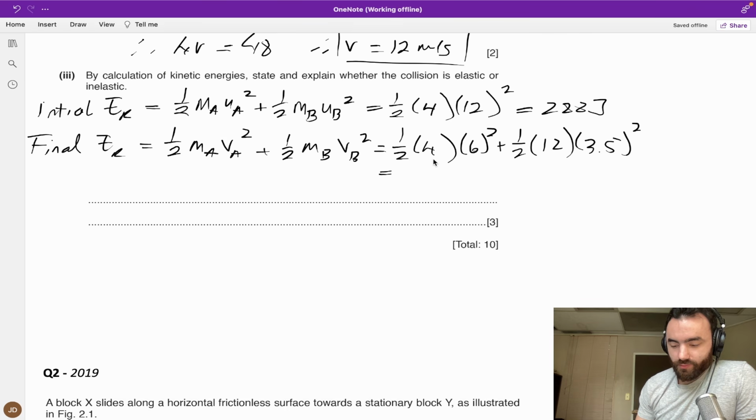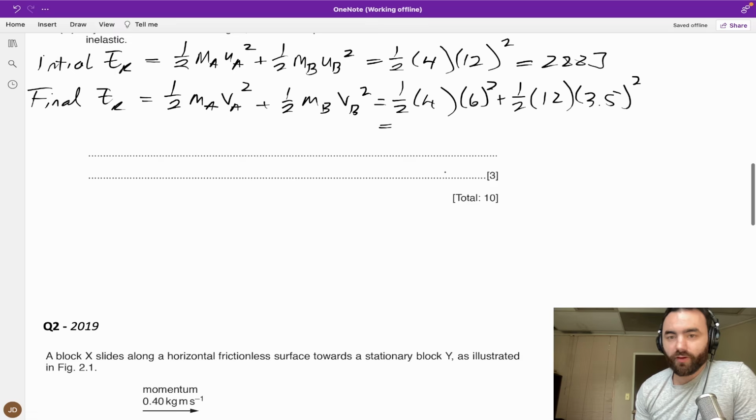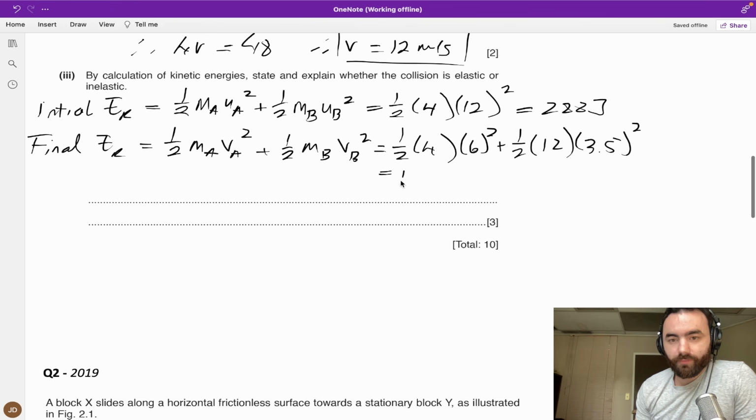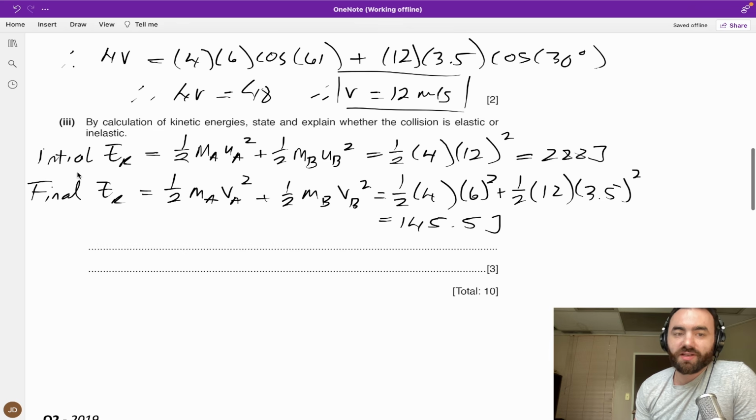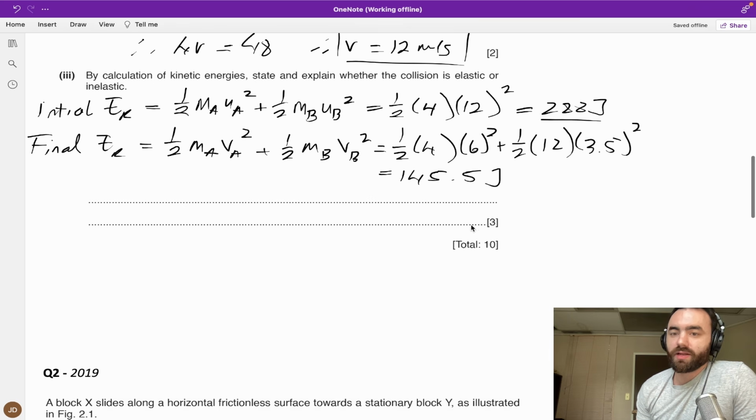So 4 times 6 squared divided by 2, 72, plus 6 times 3.5 squared, 73.5. Okay, 145.5 joules. So clearly we've lost kinetic energy here. Started with 288 and we've ended up with 145.